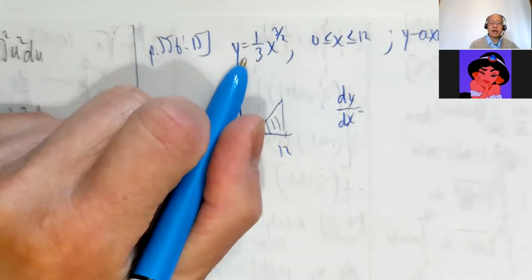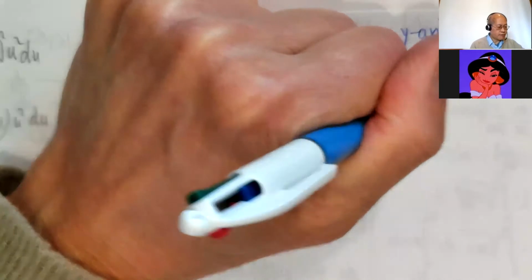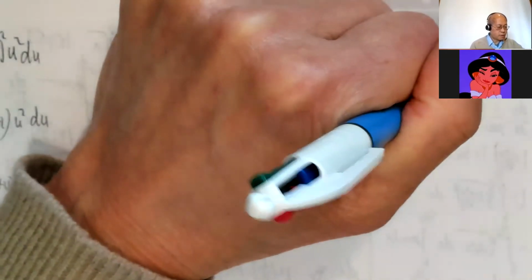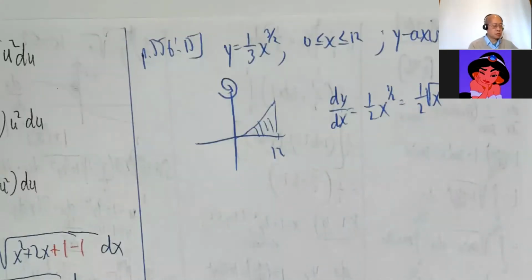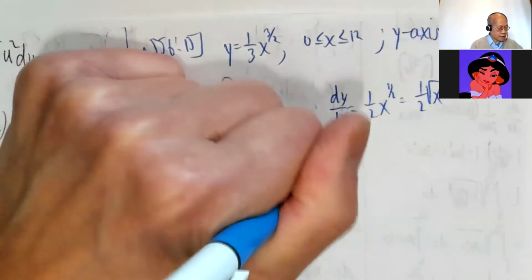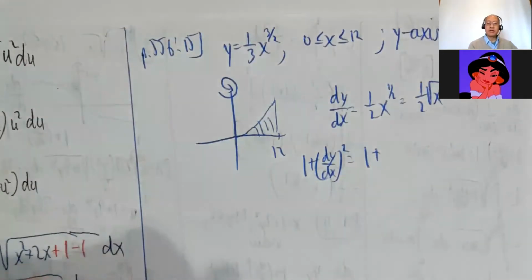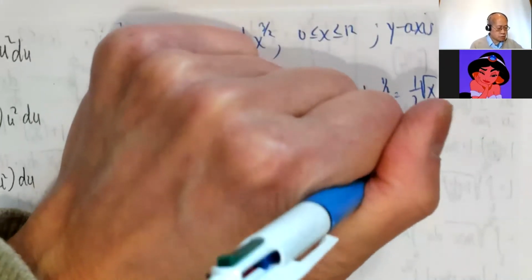So that times that is 1/2 x to the 1/2, which is 1/2 radical x. 1 plus dy dx squared is 1 plus, that's easy to square, 1/4 x.